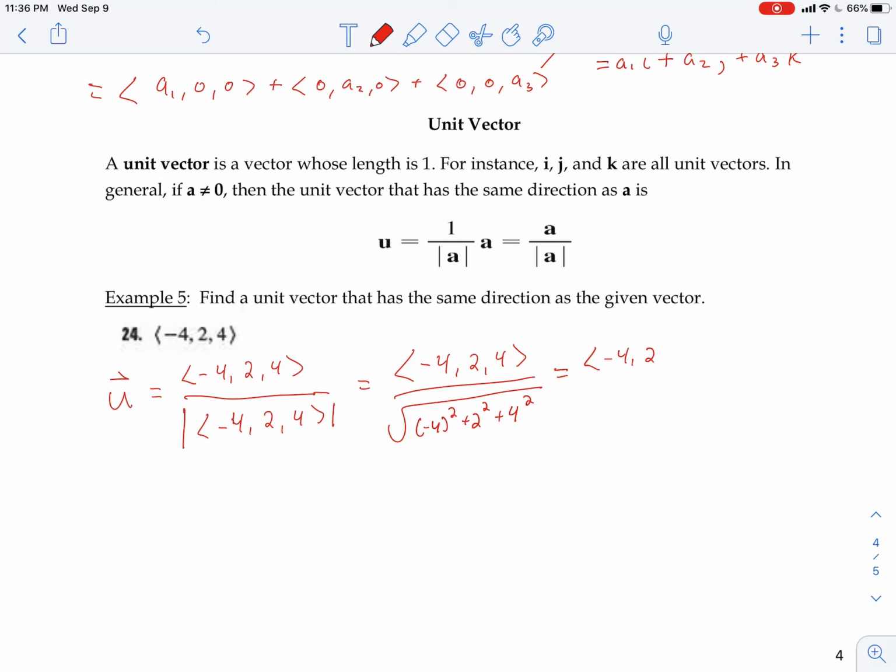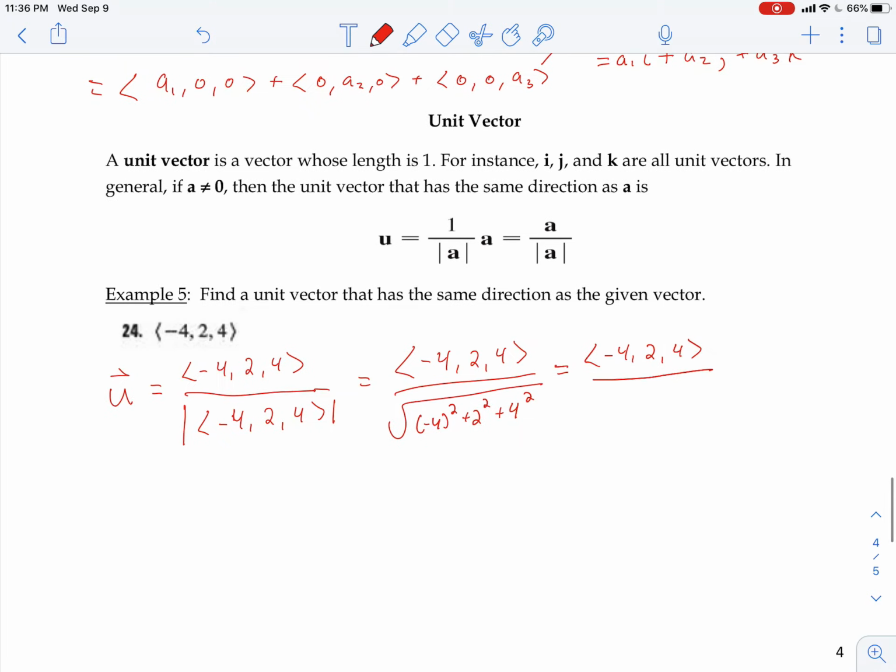And so then I have negative 4, 2, 4, and that's going to be divided by the square root of negative 4 squared, 16, 2 squared, 4, 4 squared, 16. So let's look at, I have 36. Take the square root of 36. And that's going to give me 6.